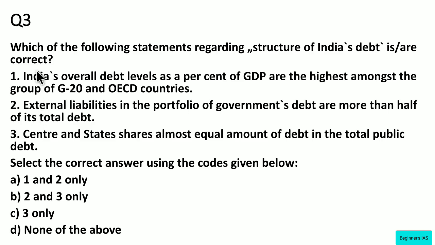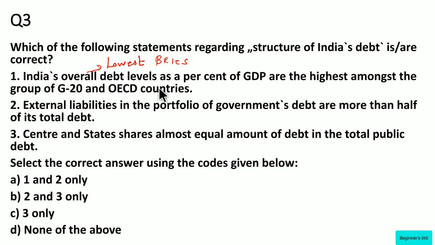See, let us analyze the statements. What about statement number 1? India's overall debt level as a percentage of GDP is not the highest, but it is the lowest. Remember this point. It is lowest among the G20 and OECD countries, and also lowest among the group of BRIC nations.